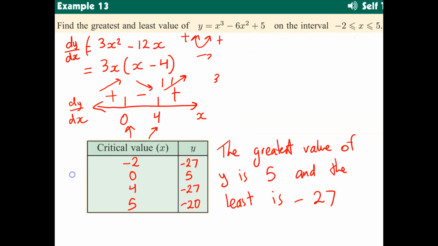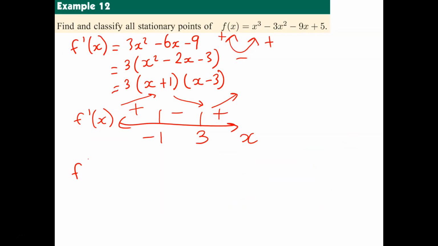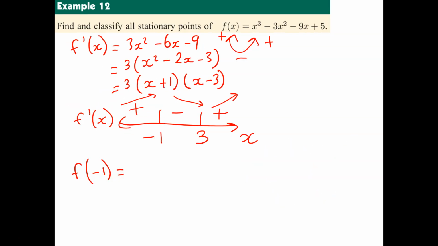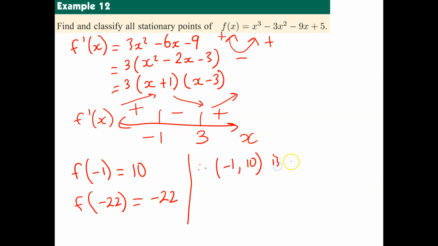So we have f of -1. You put into the original function, and we get 10. We do f of 3. You put into the original function, we get -22. And now we're ready to go. So we say now, therefore, -1, 10 is what type of point?